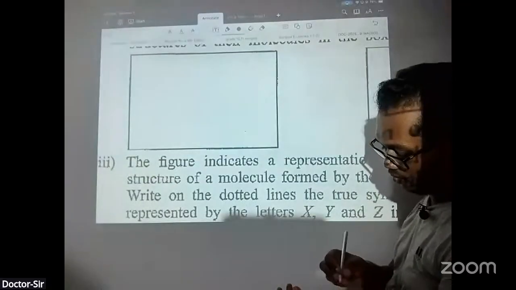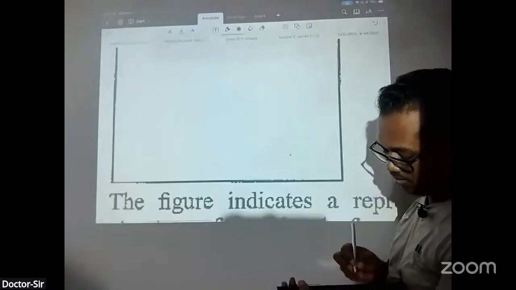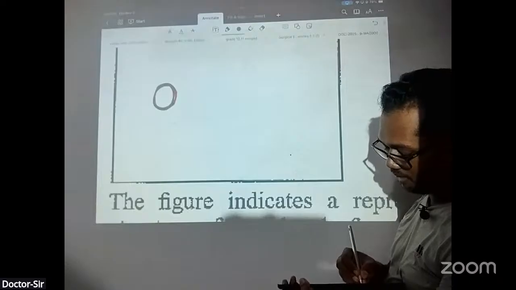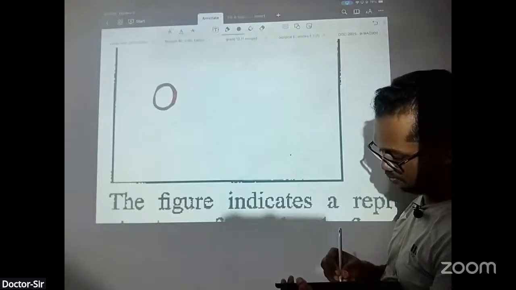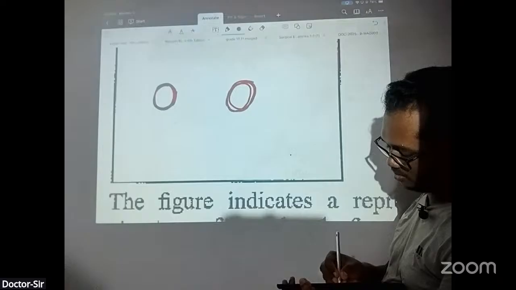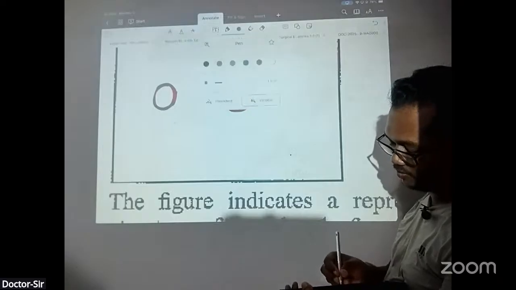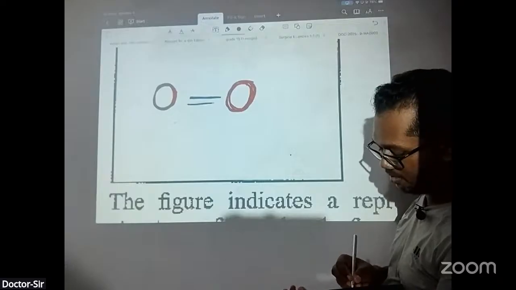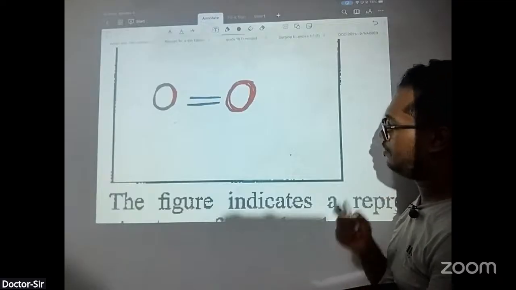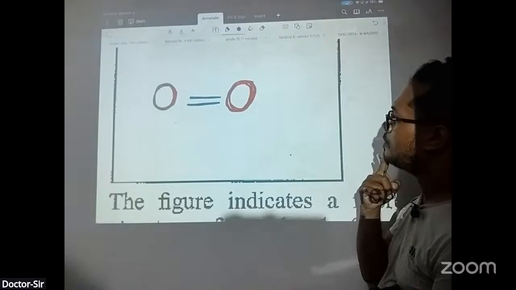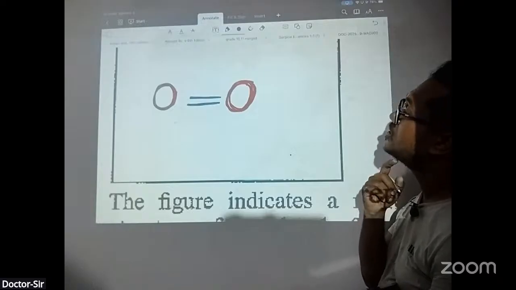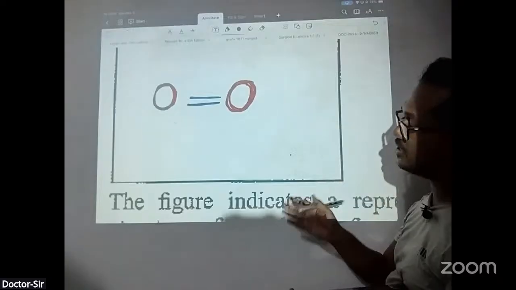Now we will draw here. I will draw oxygen. I have to put the 2 oxygens. First, I will put 1 bond. Then I need to apply another bond, that is a double bond pattern. Then you have to think about the valency. The valency of oxygen is 6, since it is in group 6.